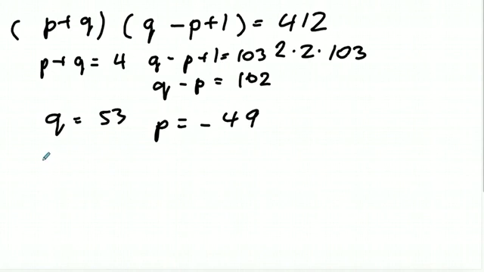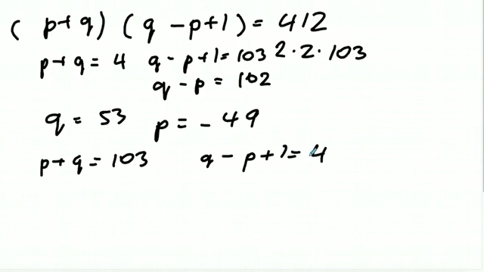What if I do p plus q equals 103 and q minus p plus 1 would be equal to 4. Once again, moving 1, I would get q minus p equals 3.